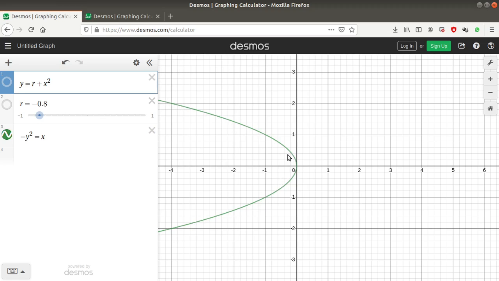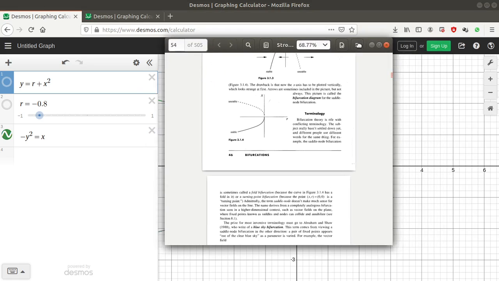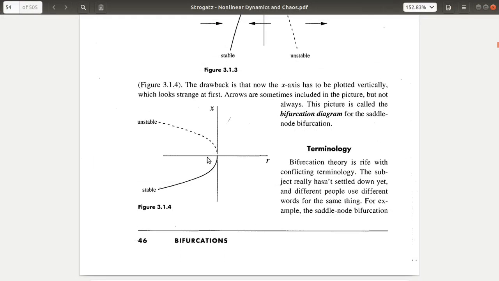So in order to distinguish this stable branch and unstable branch, the way it is represented in this book is a dashed line to represent the unstable fixed point and a solid line to represent the stable fixed point. Okay, so that's how we make the bifurcation diagram and get the information.